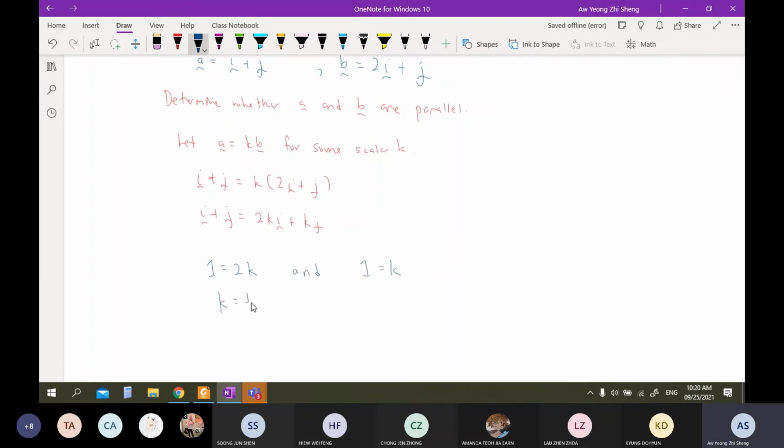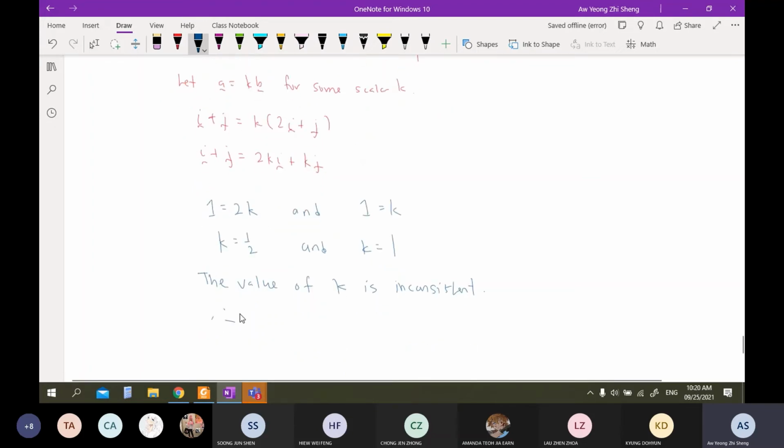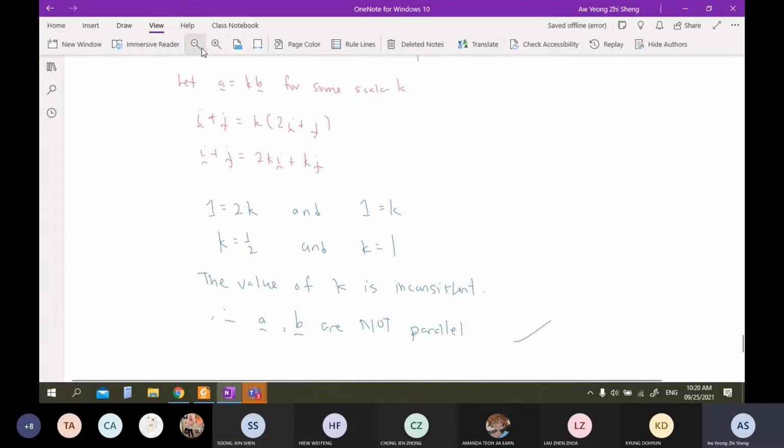So you get k equal to 1 half and k is equal to 1. And then you say the value of k is inconsistent, and therefore A, B are not parallel. This is the correct way.